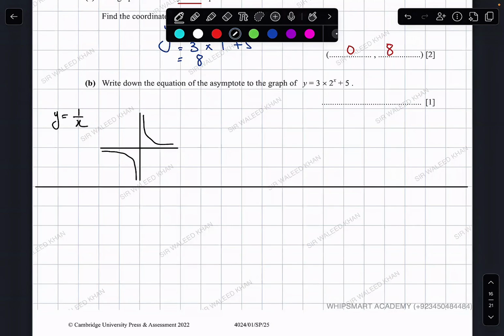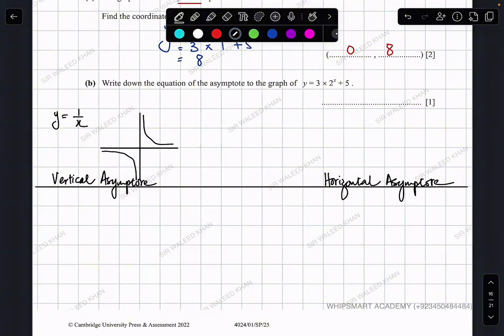The lines which the graph avoids, we call them vertical asymptotes and horizontal asymptotes. These are the two types. If we have a reciprocal graph, we will have a vertical asymptote and a horizontal asymptote.